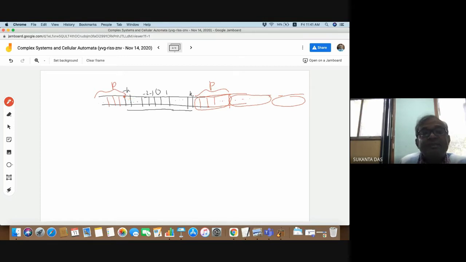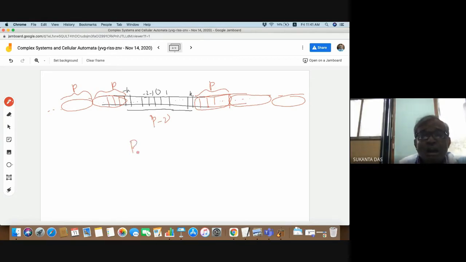Similarly, in the left hand side, this part is repeated, and so on. So here also this p. We call this p-NUCA, right?